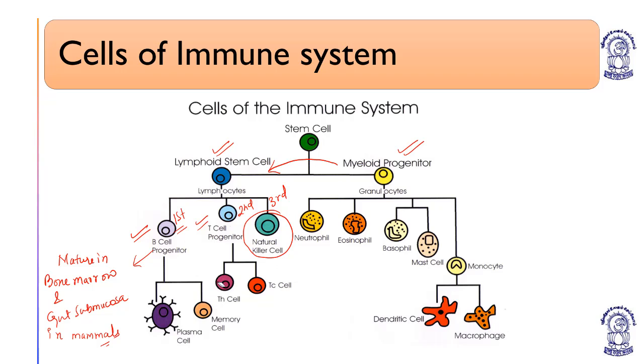The premature T cell or the T cell progenitor gets matured in thymus. Basically, it is of four types: T helper cell and cytotoxic T cell. Okay, there are two more categories: memory T cells and the fourth category is T suppressor cells.